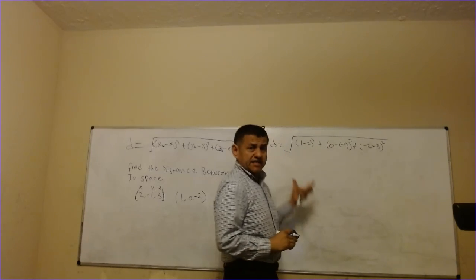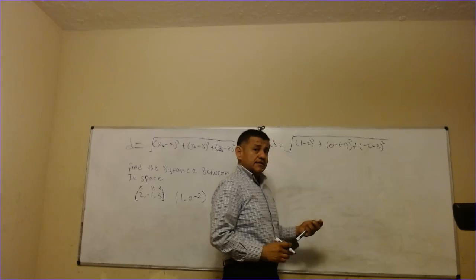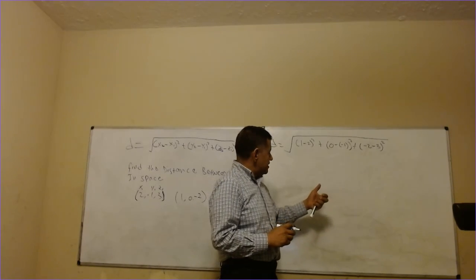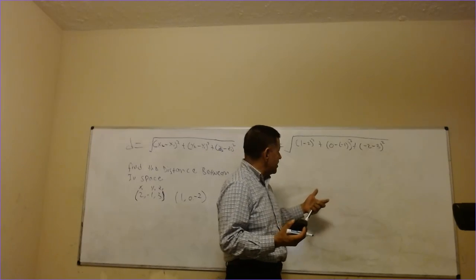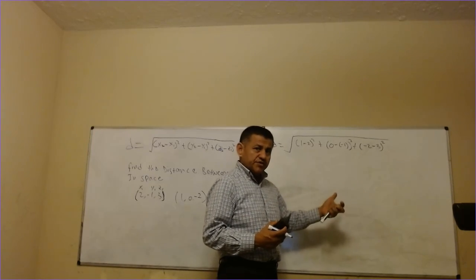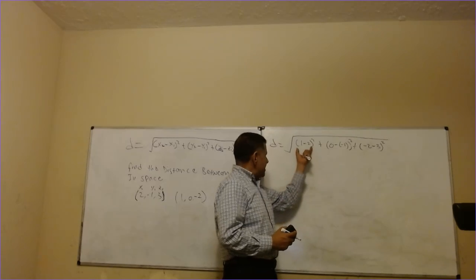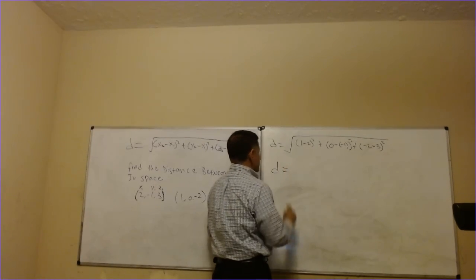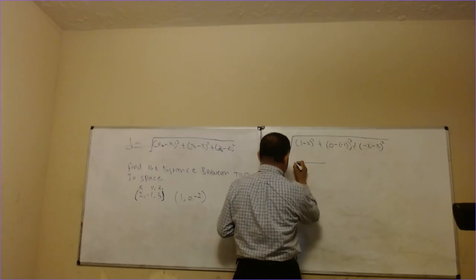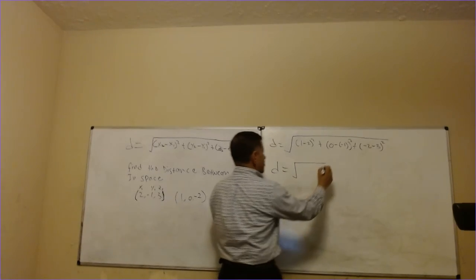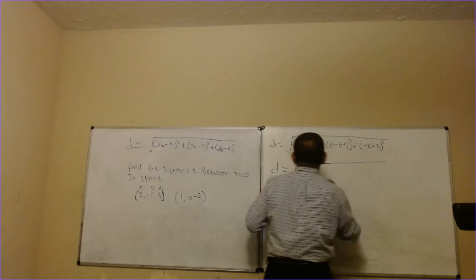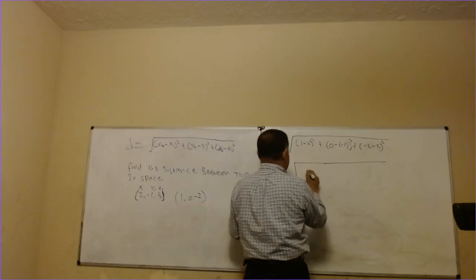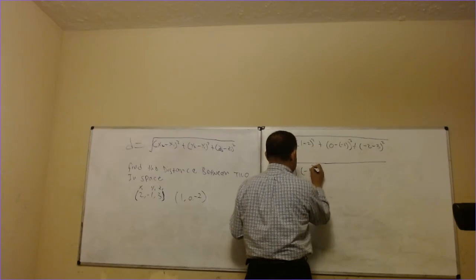Okay, so we do parentheses first. Again, this is basic math; obviously it's considered calculus 3, but we're still using the basic principles of mathematics. Parentheses first, right? So D is equal to: 1 minus 2 is negative 1, and that gets squared.